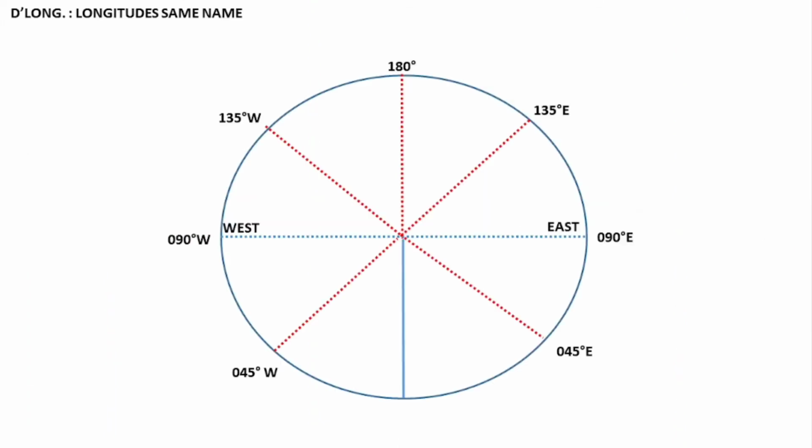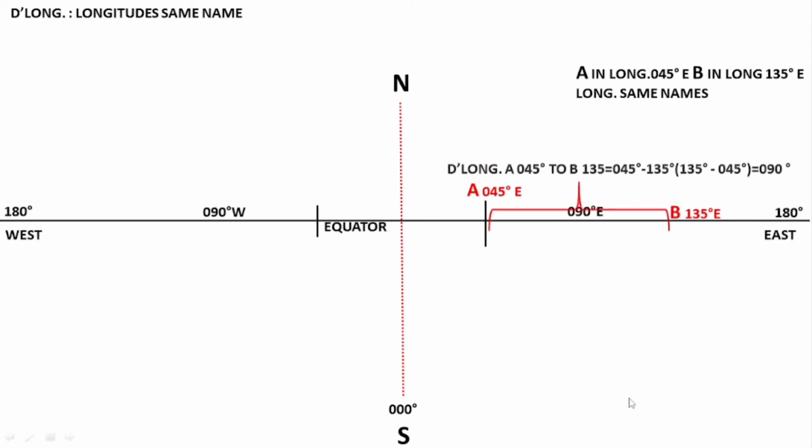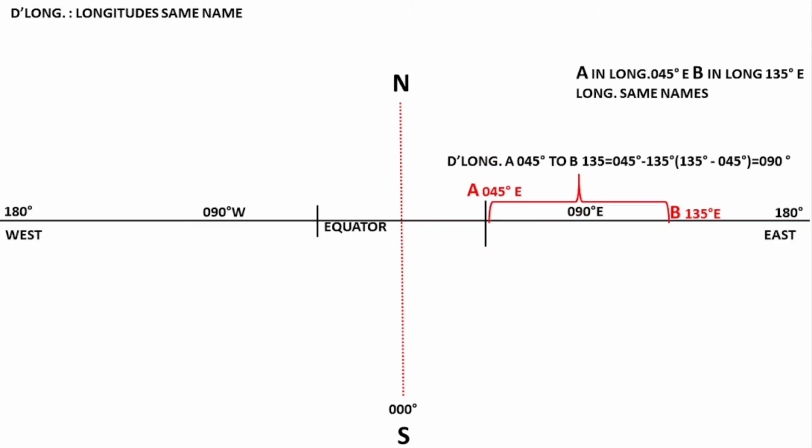Now, let's talk about D.LONG, and I have written down the same names. An example here: one is 45 degrees and one is 35 degrees. So these two longitudes have come up here, and the D.LONG between them is 90.